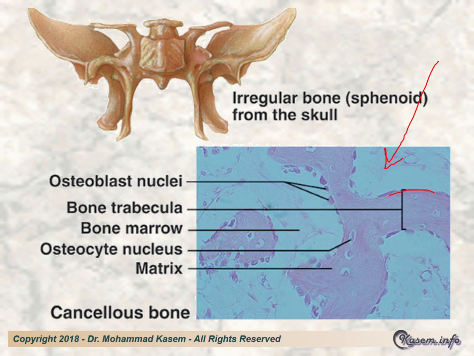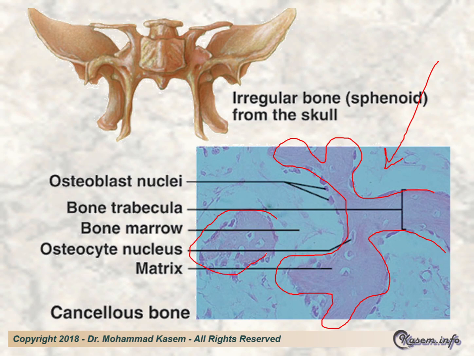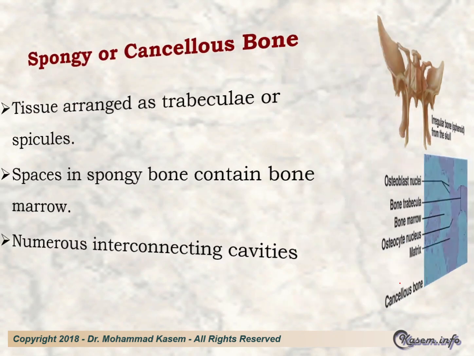You will find irregular bars like this one, anastomosing and branching, irregular islands of bone containing osteoblasts here on the edges, and inside you can see the nuclei of osteocytes. And here is the calcified matrix of the bone.